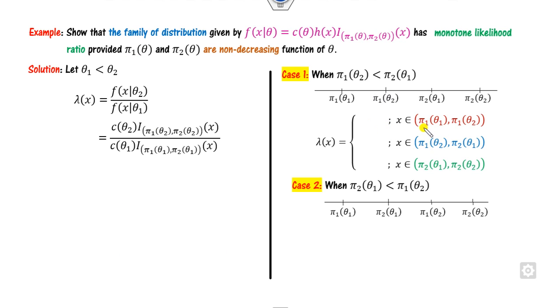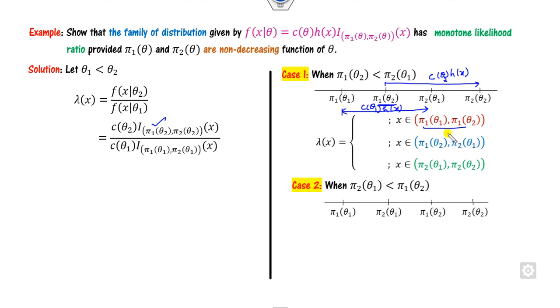What will happen if x lies between here? What is the value of this? You can see, again you can draw these function values. It means whenever pi 1 theta 2 here, pi 2 theta 2, that is from this to this, the value is my c theta of hx, and the value of this to this is my c theta 1 hx.